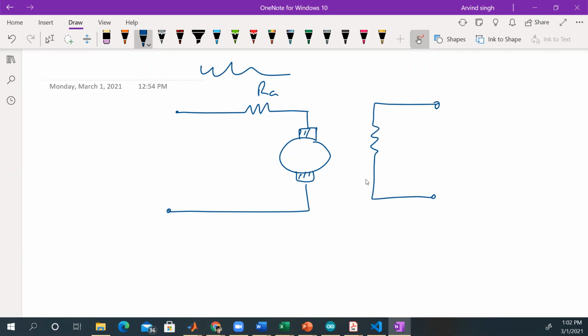But these are really for transient studies. In steady state, since this is DC, we assume the inductance is short circuit, which is a pretty good assumption for most cases. So in steady state, we have our armature and field, and we have armature circuit resistance.